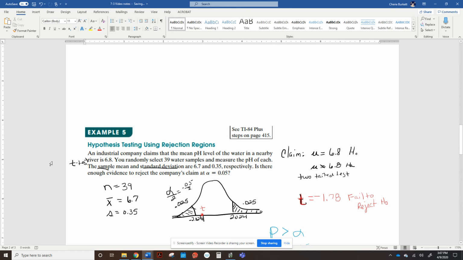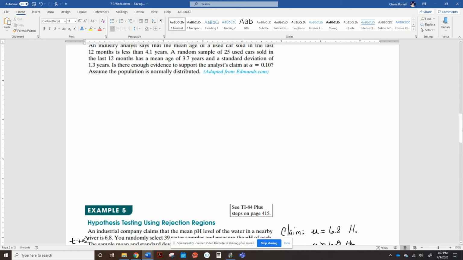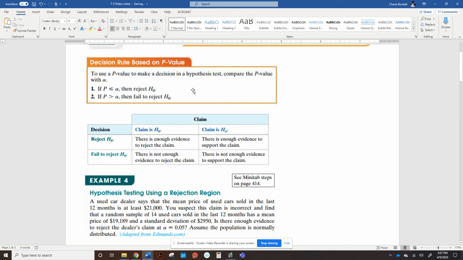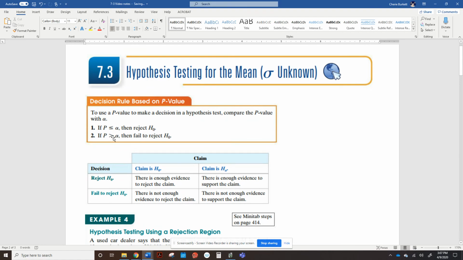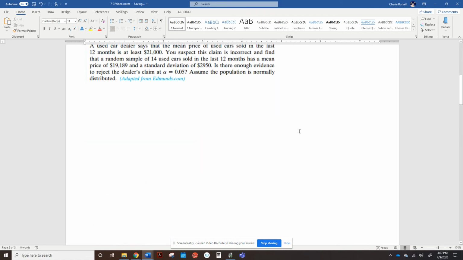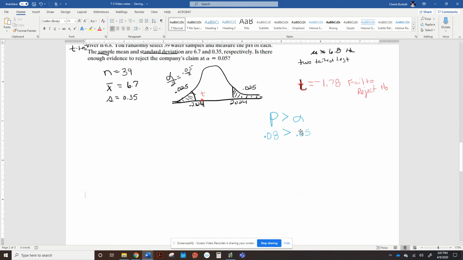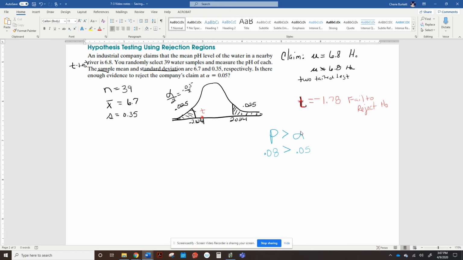So I think according to our notes up here at the top, when P is bigger, you fail to reject the null. So when we compare this one, we also fail to reject.